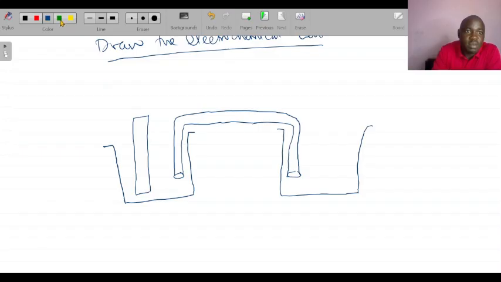I should have used some different ink so that you're able to see and follow what is happening. So we are going to connect these two. There we have our voltmeter. So we can label it.